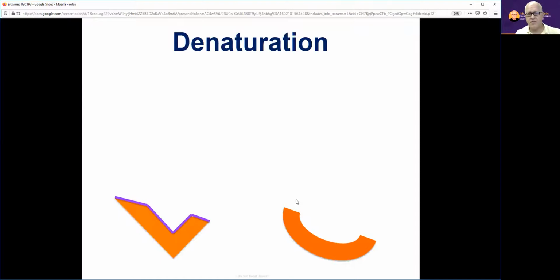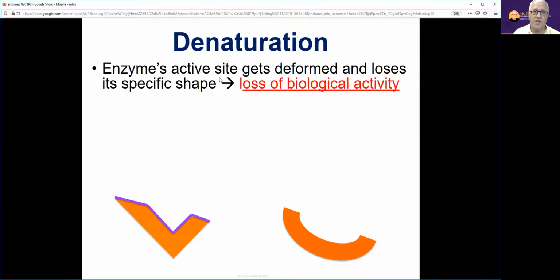But sometimes an enzyme can denature, or undergo denaturation. Basically it changes its shape. And the enzyme's active site gets deformed and loses its specific shape. And when it loses that shape, you have a loss of biological activity.